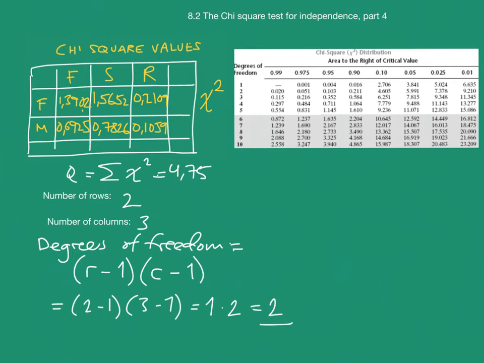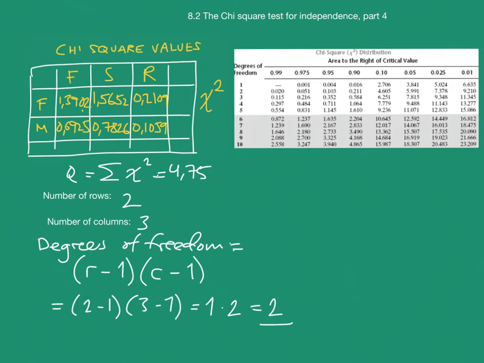Now that we know the number of degrees of freedom, we usually decide on a level of significance, a significance level, before we begin our investigation. In this case, we decided on a significance level of 5%.